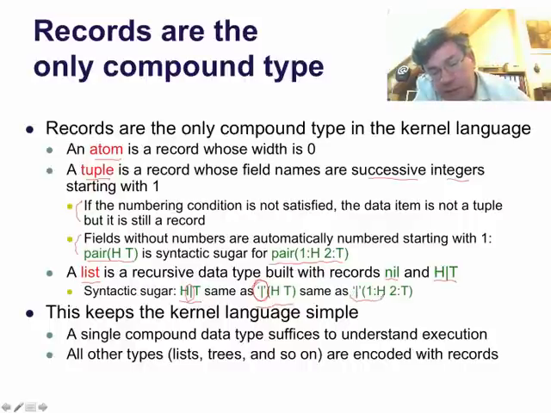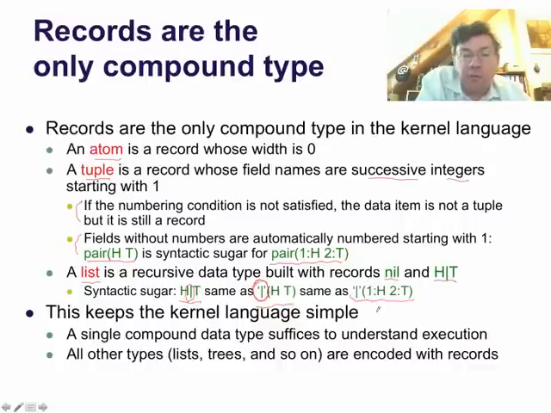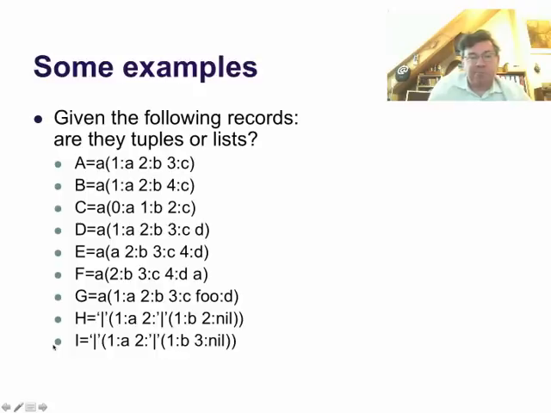And finally, this is the same as the full record notation: quote, bar, quote, open parenthesis, 1 colon H, 2 colon T, close parenthesis. So using only records in the kernel language keeps the kernel language simple. A single compound data type suffices to understand the execution of programs, and all other types are encoded with records.